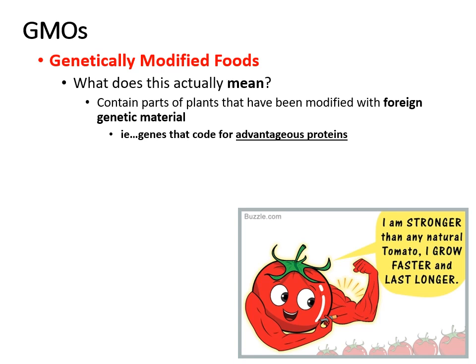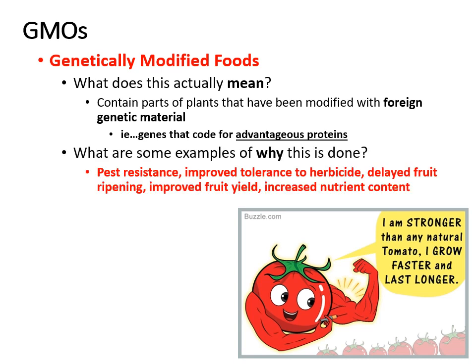Now we focused on advantageous proteins for bacteria, which are things like antibiotic resistance. But with modifying plants and crops, there are a lot of different examples of why you would want to make these modifications or what types of proteins you would want to choose. Ultimately, a lot of times you just have to think about what you would want for crops to help society with that particular food.